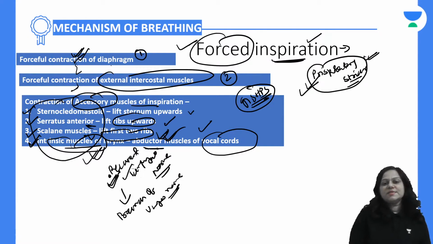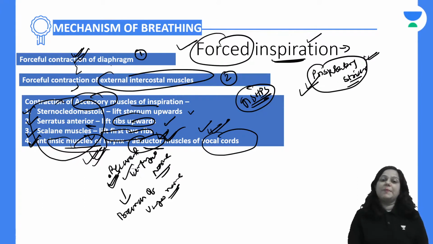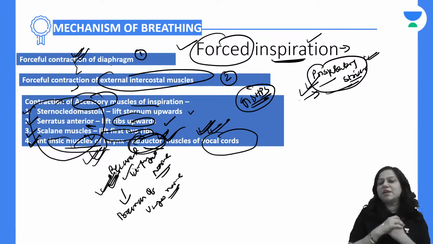Then intrinsic muscles of the larynx: when the adductor muscles of the vocal cords are paralyzed, the abductor muscles of the vocal cord, which are responsible for forced inspiration, act unopposed. So recurrent laryngeal nerve paralysis will cause inspiratory stridor, loud inspiration with a loud sound.